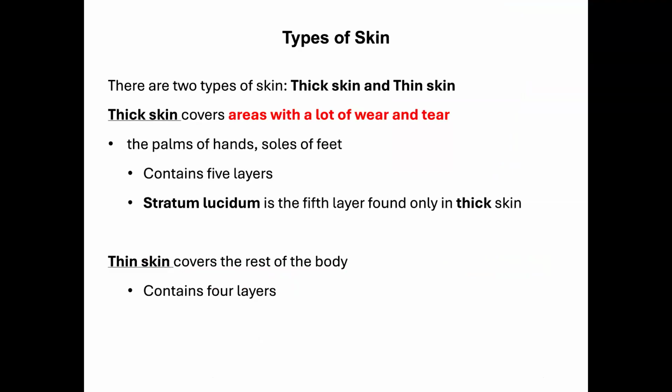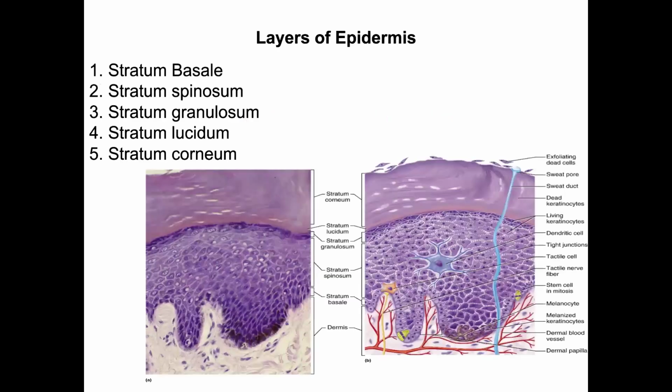What's the difference? Thick skin has 5 layers. Thin skin has 4 layers. The extra layer in thick skin is called stratum lucidum.